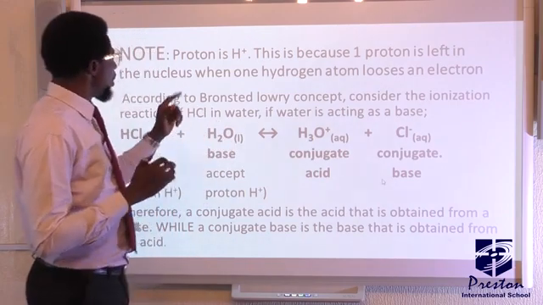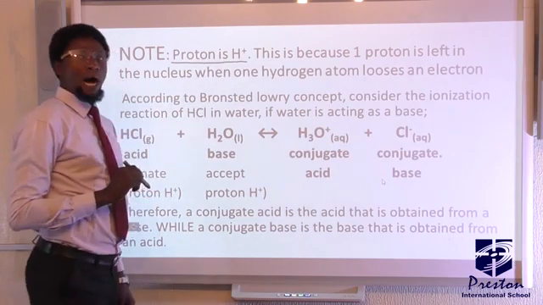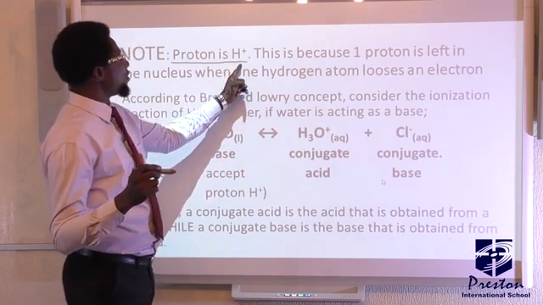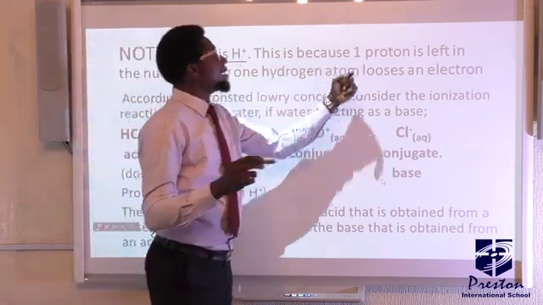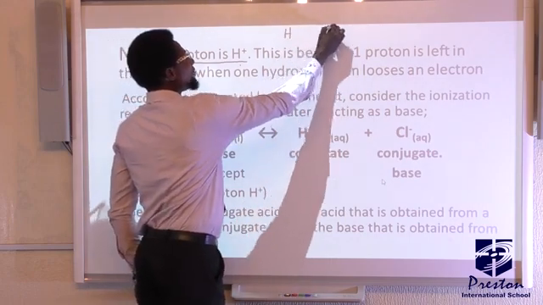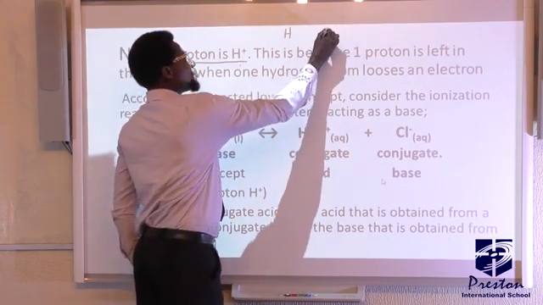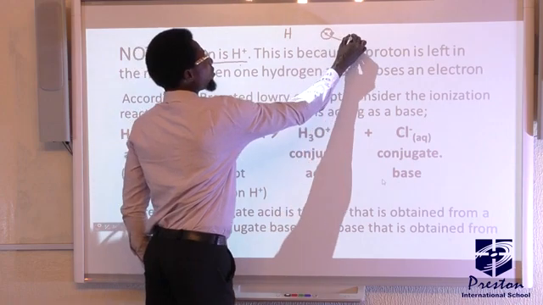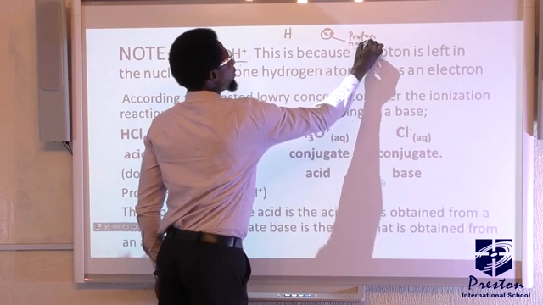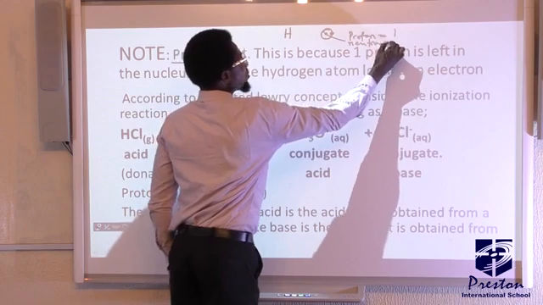It is very important for us to know the meaning of a proton. Proton is always referred to as hydrogen ion. And why did we call it hydrogen ion? This is because anytime you have, let's assume this is hydrogen, and this hydrogen has only a single electron. That's the number of electrons. Inside this, you have the nucleus. The nucleus contains proton and neutron. And this proton is 1, while neutron is 0.